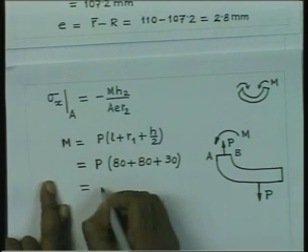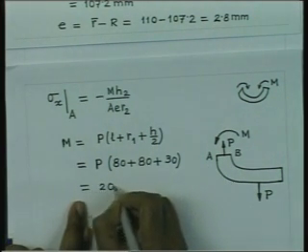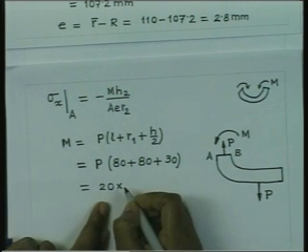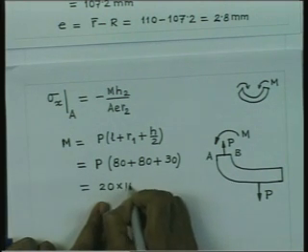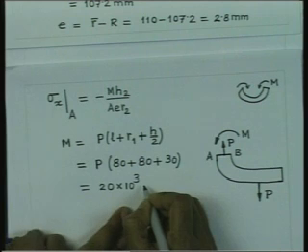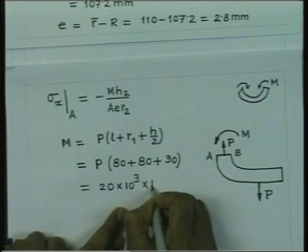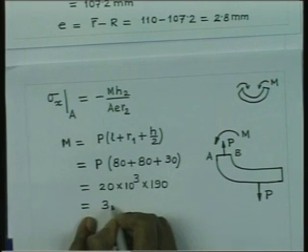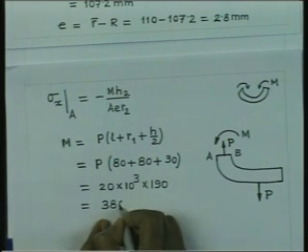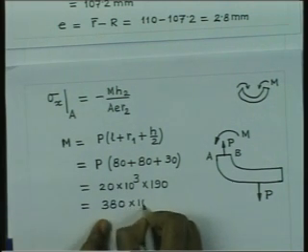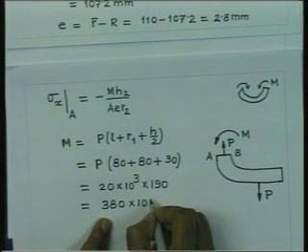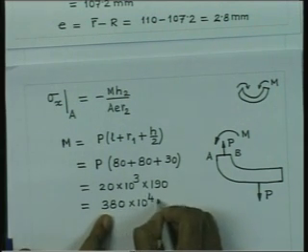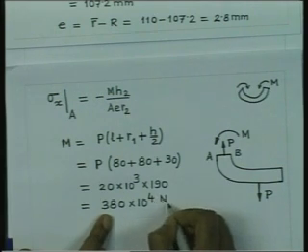So it is 20 into 10 to the power 3 into 190, therefore it is 380 into 10 to the power 4 Newton millimeter.